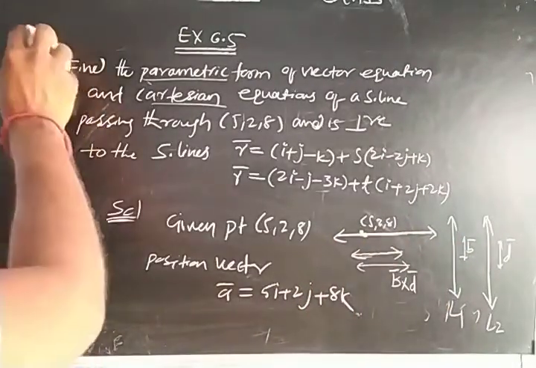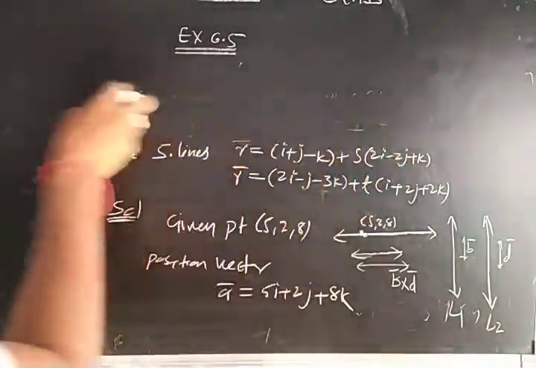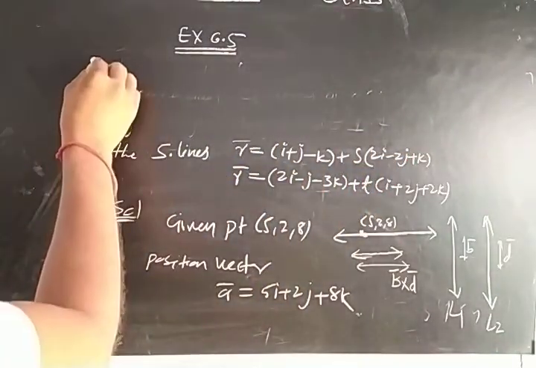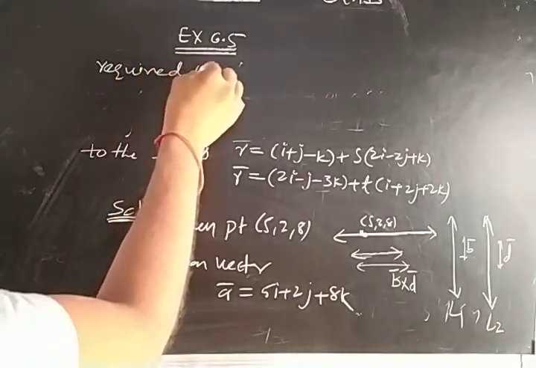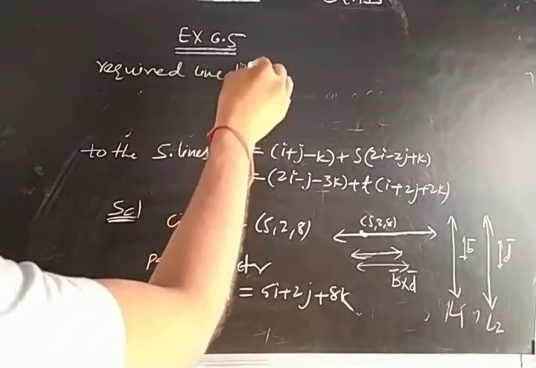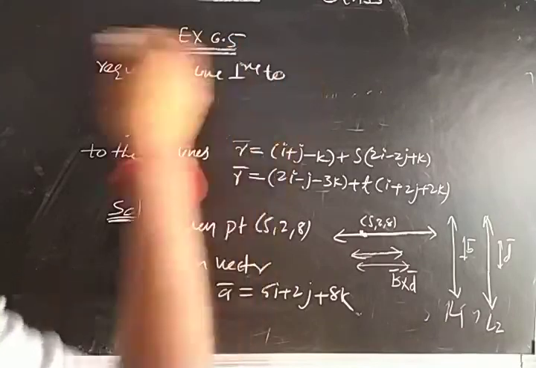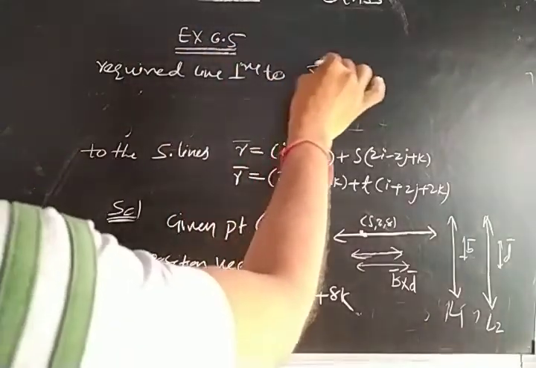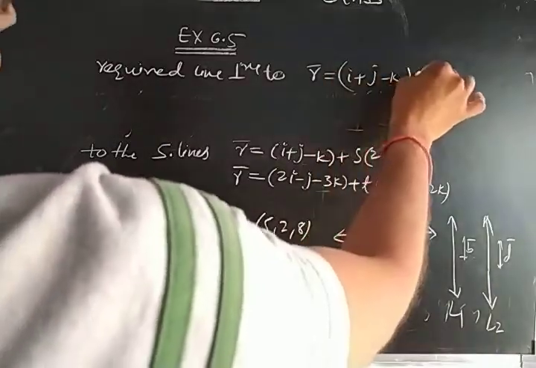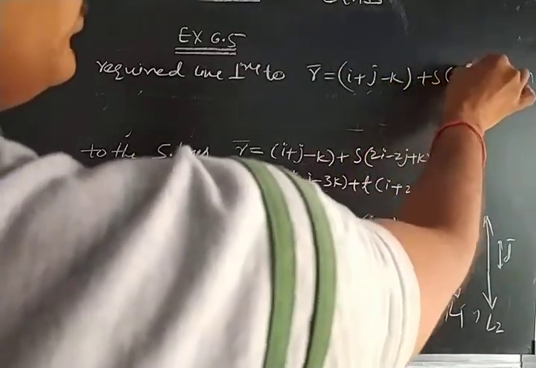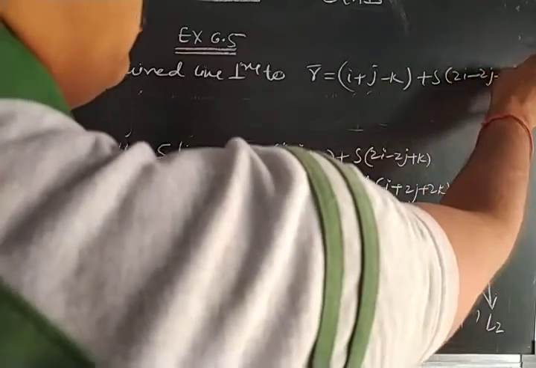Now the required line is perpendicular to the first line, r bar equal to i plus j minus k plus s into 2i minus 2j plus k.